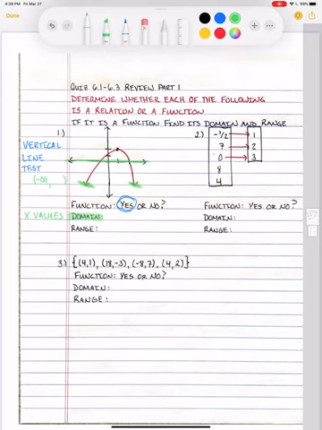We also notice that the arrow is pointing down. So down for the y value also means negative infinity because it's going down forever, just like it's going left forever. Okay, so my domain is going to start here at negative infinity.